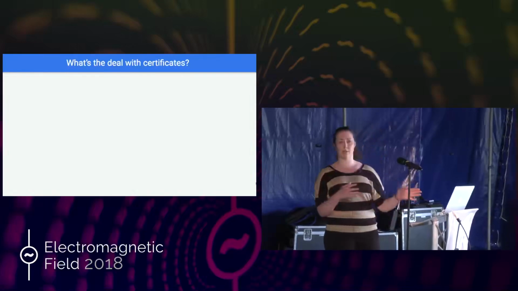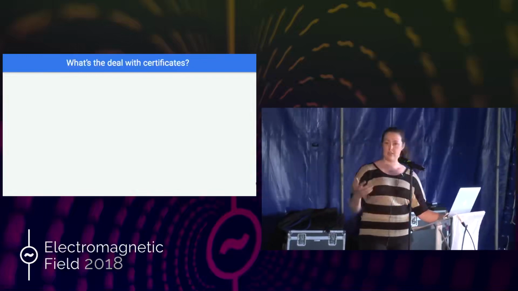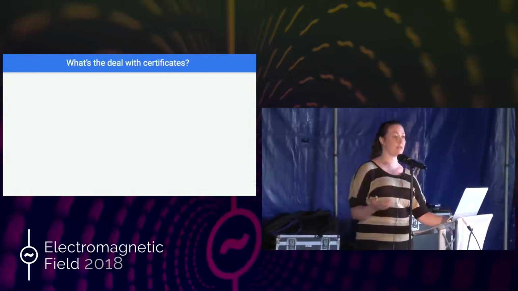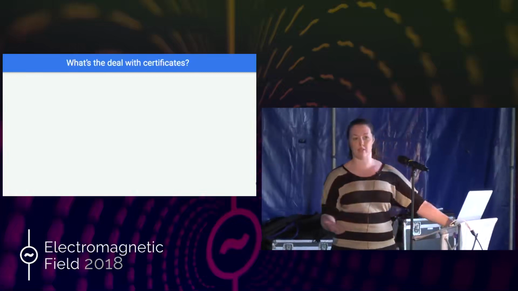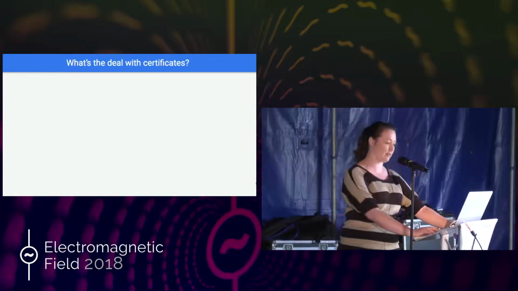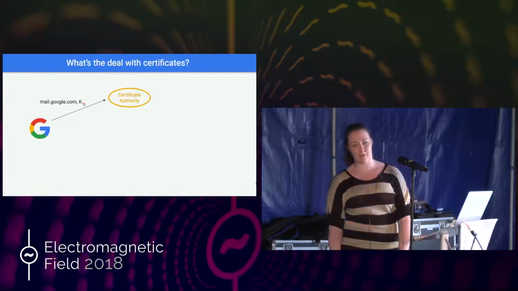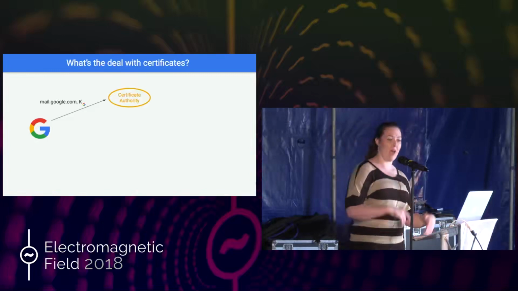So going back to our example, say you're Google and you've got this website, mail.google.com, that you want your users to be able to connect to securely. You're going to need a certificate to be able to present to your users when they try to connect. So you go along to a certificate authority and you say, hi, I'm Google. I've got this website, mail.google.com, and here's my public key.